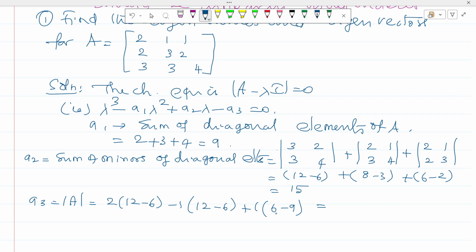So you have to carefully calculate this. 2 into 6, minus 1 into 12 minus 6, okay, plus 1 into 6 minus 9.